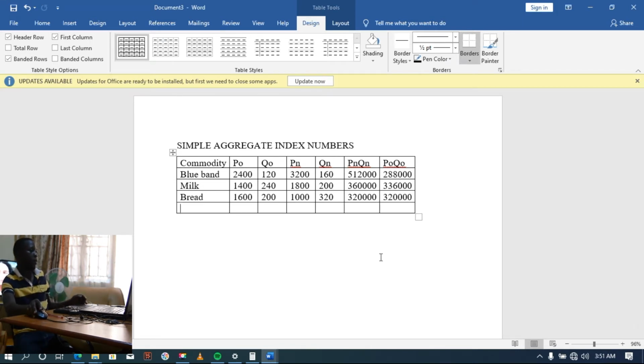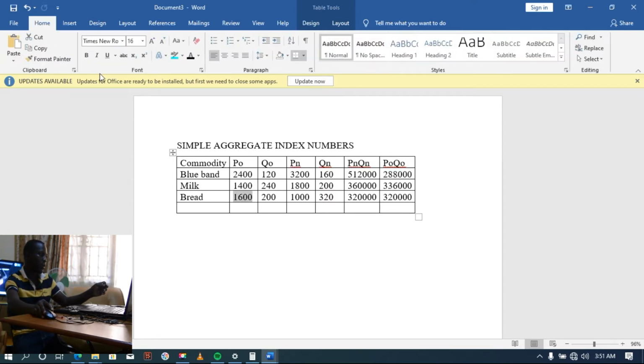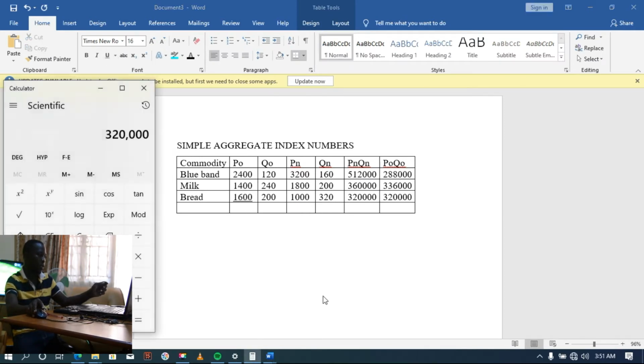And now we need to get the summation of each column. So now let's begin by finding the summation of PO. We get the summation of PO by summing up the column of PO. So we have 2,400 plus 1,400 plus 1,600.